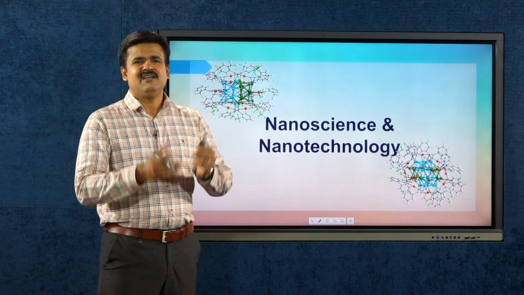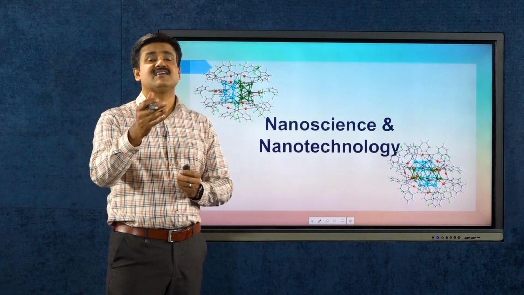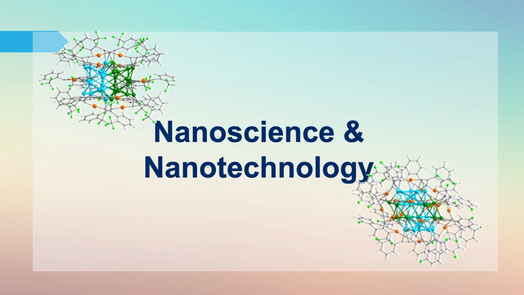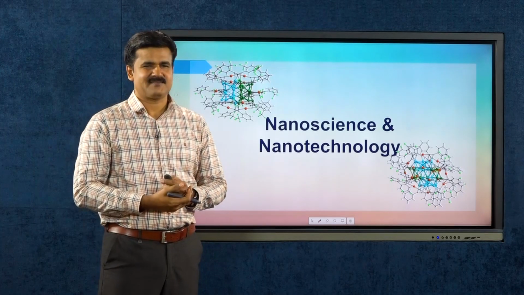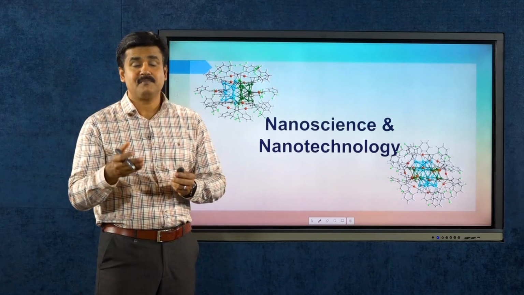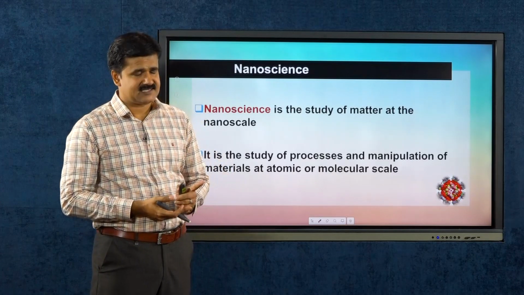Now, we have to discuss two important aspects which are the core part of this discussion, that is nanoscience and nanotechnology. In the coming few slides, we are going to differentiate nanoscience from nanotechnology. First of all, nanoscience.